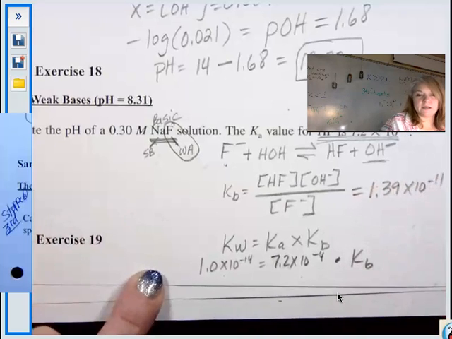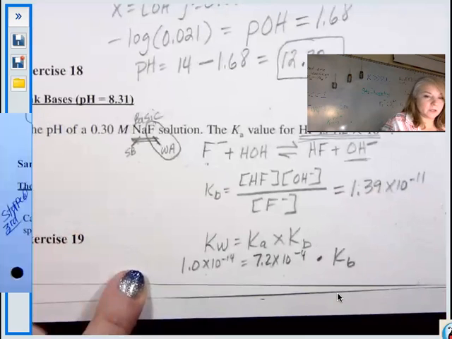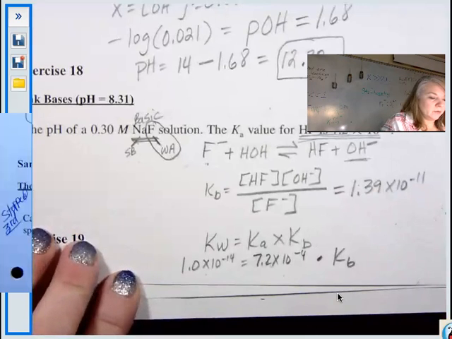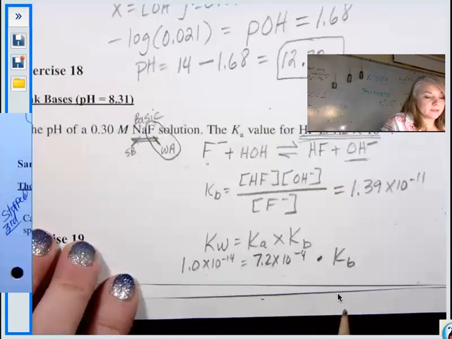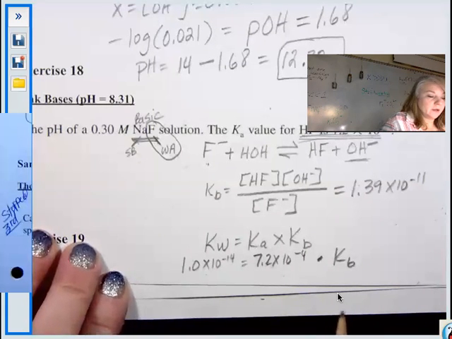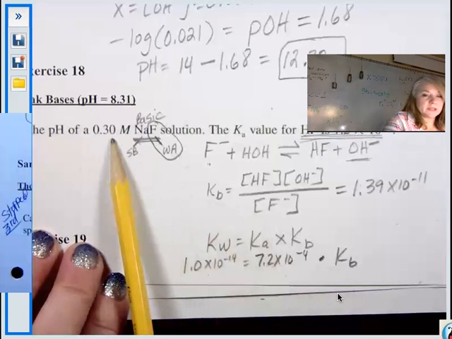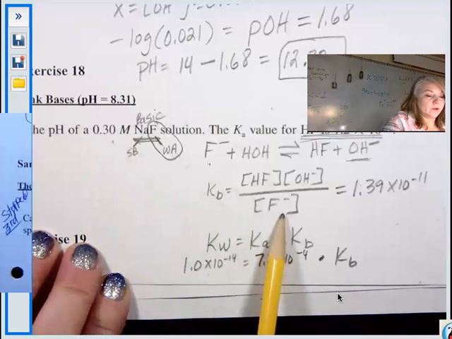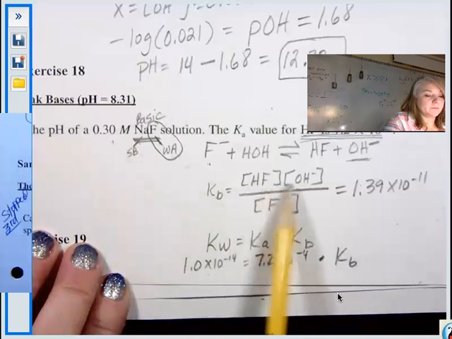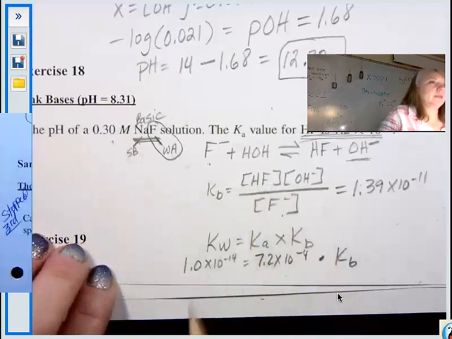I just went ahead and stuck that up there in my expression. So now we have enough pieces to solve for pH. Don't we have the F minus piece? Yes, we do, so we can just plug that in here. What are each one of these things going to be? X, X, and X squared.